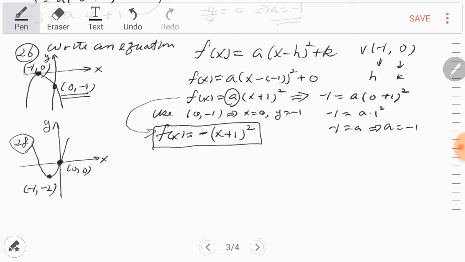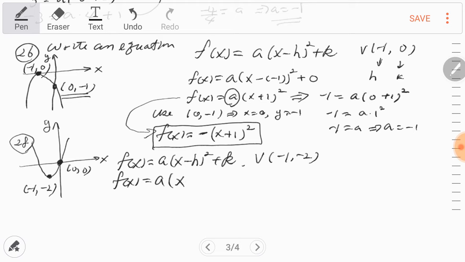So from here, let's find the vertex form. a times x minus h squared plus k. The vertex is -1 and -2, so plug in h and k values. h is -1, k is -2. So f of x is equal to a times x plus 1 squared minus 2.